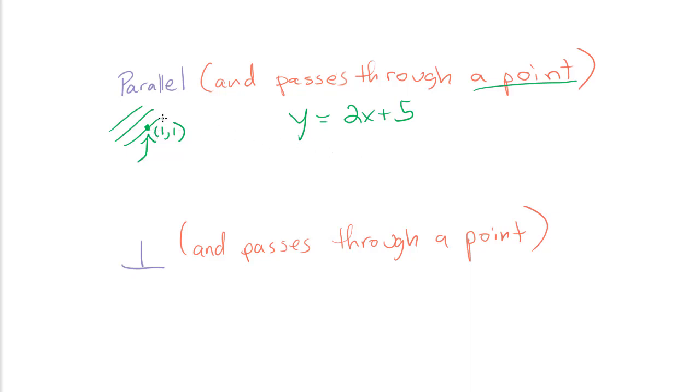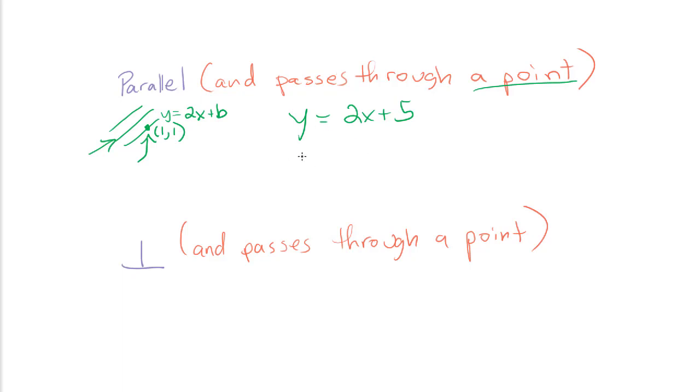So in this case, this line is really just going to be y equals m, which we know must be the same, 2x, plus what we don't know, which is b. We don't know what the intercept is, because y equals 2x plus 5 is the original line. We're going to have a different y-intercept. So I'm going to use the point to help solve for b.